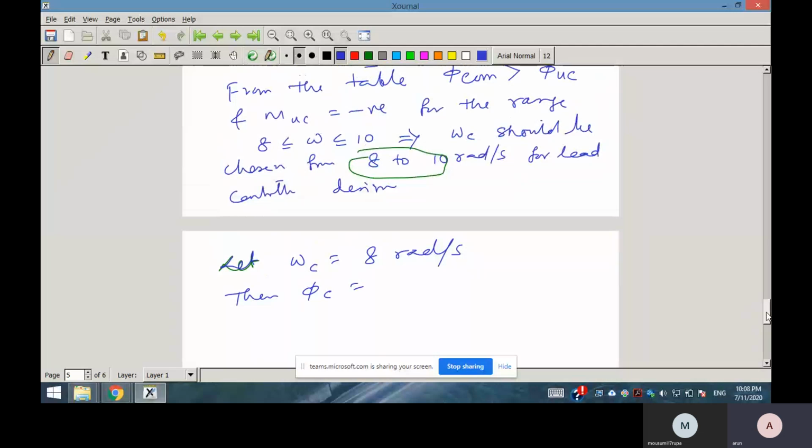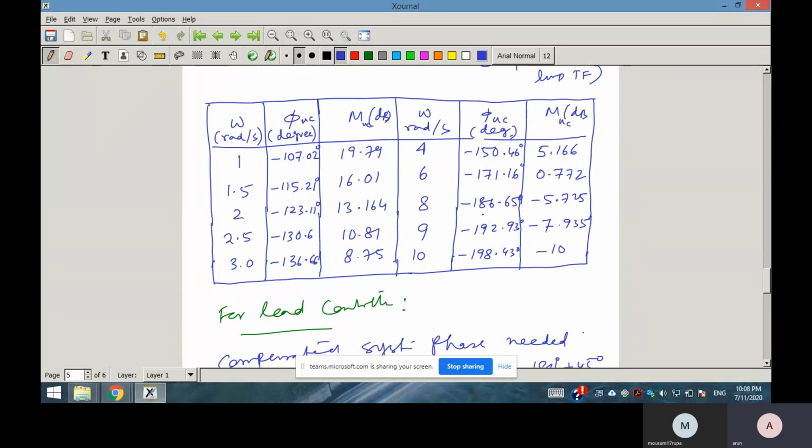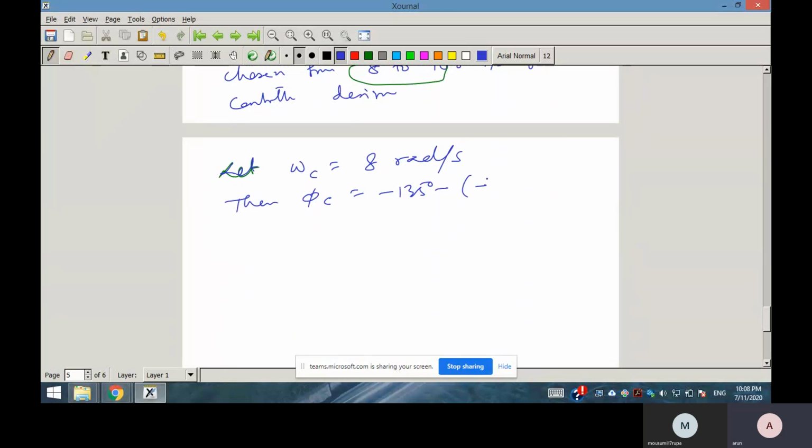So phi com is minus 135 degree, and phi uc at 8 radian per second, you can easily see, is minus 186.65 degree.